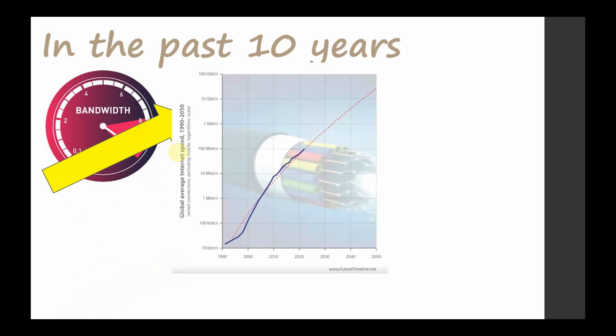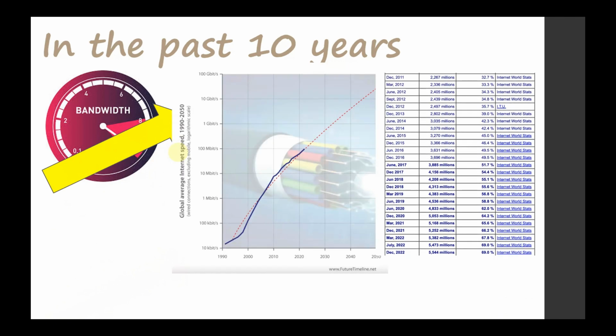From those two tables, the global average internet speed has increased rapidly, and according to the table here, it's predicted to reach around 1 gigabit per second in 2013. It's just 5 years later.